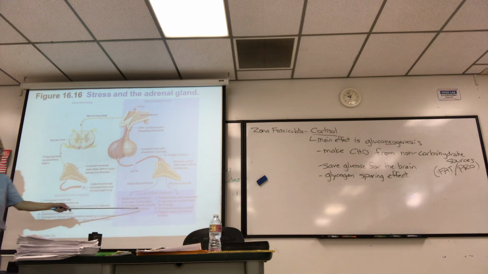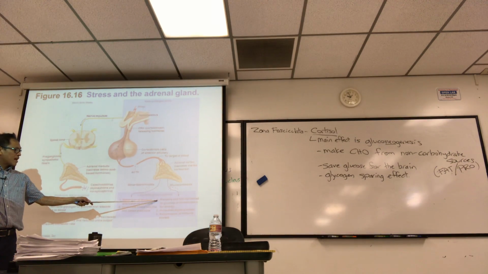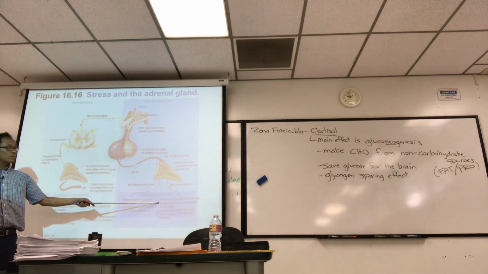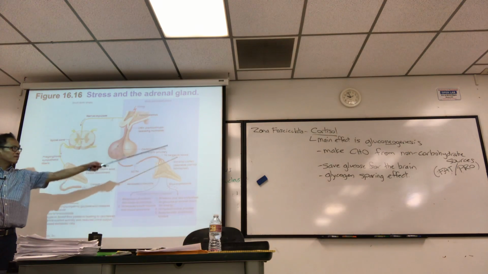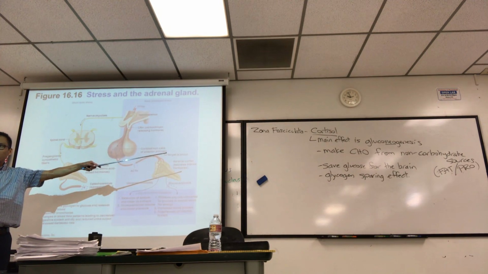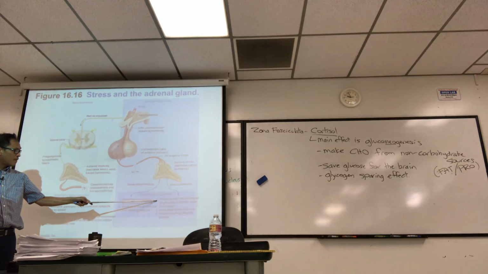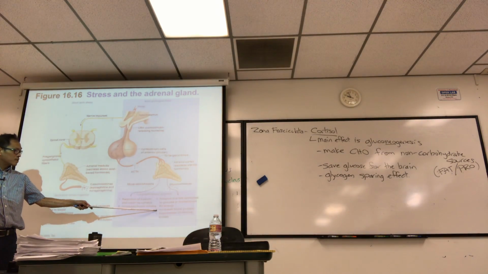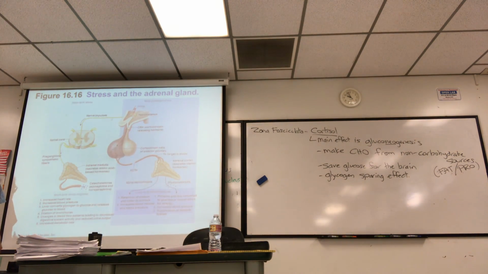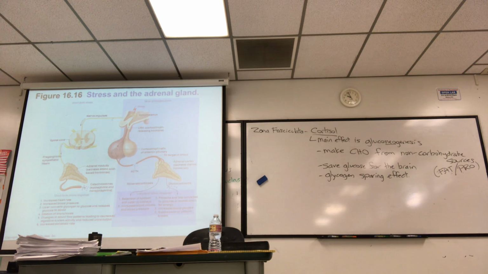Increased blood volume, blood pressure. Proteins and fats converted to glucose. What's that? What is gluconeogenesis, right? Proteins and fats converted to glucose. That increases the blood glucose. You're saving it for the brain. But it also suppresses the immune system. That is one bad effect of cortisol.